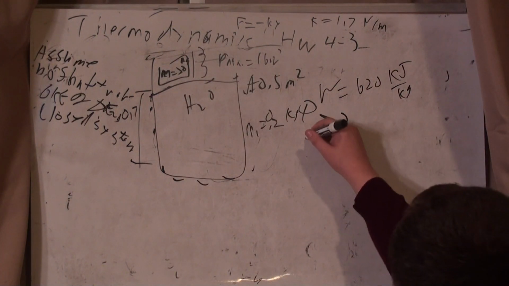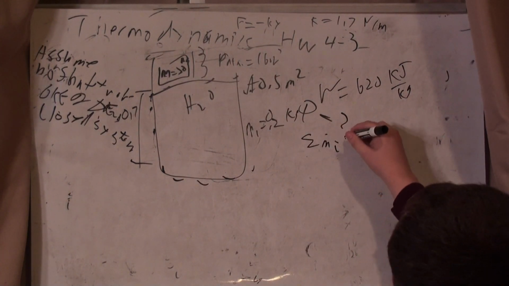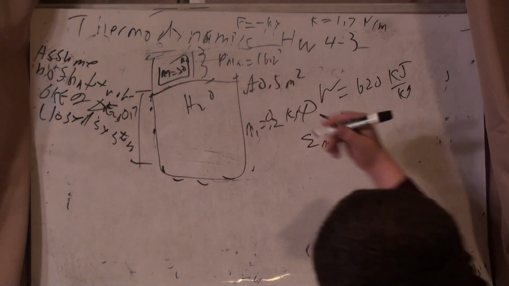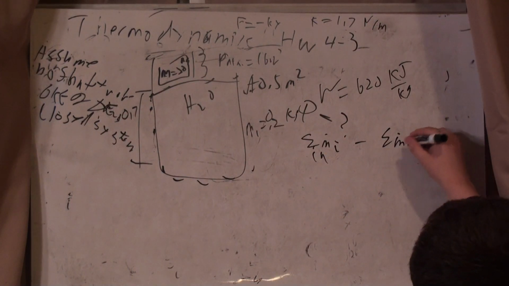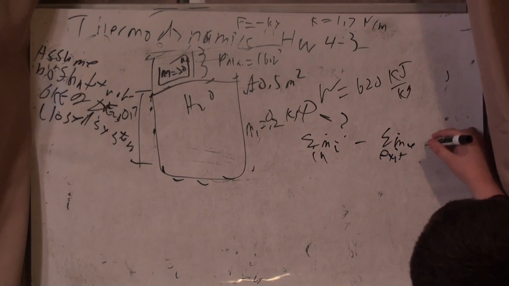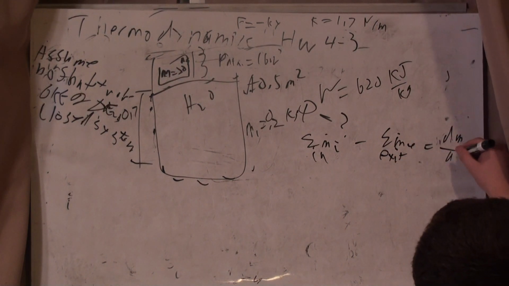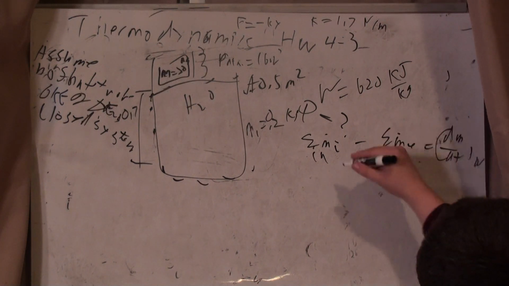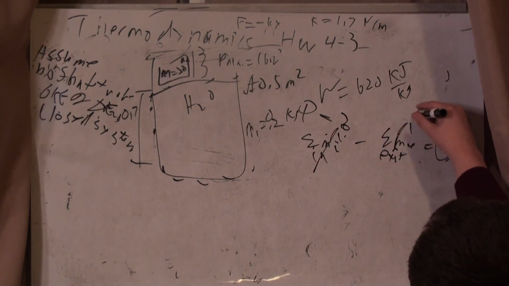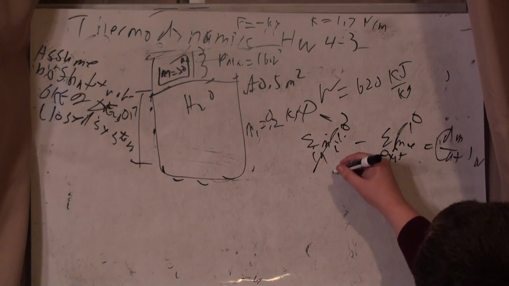So first we need our mass balance, sum of m dot in minus summation of m dot exit equals dm/dt of the control volume. I already assumed a closed system, so this is obviously 0, this is obviously 0.